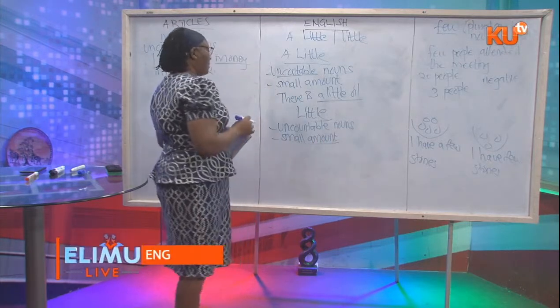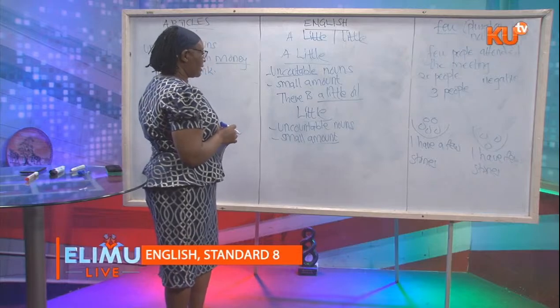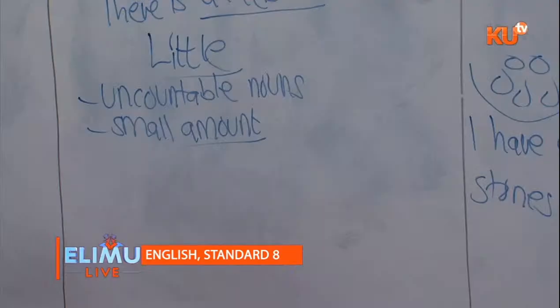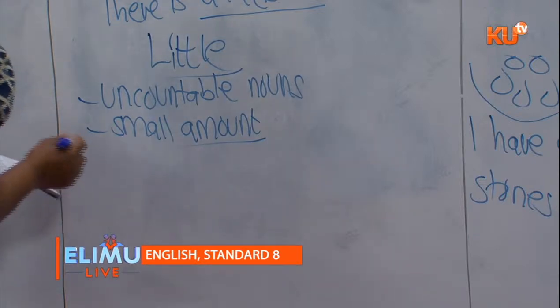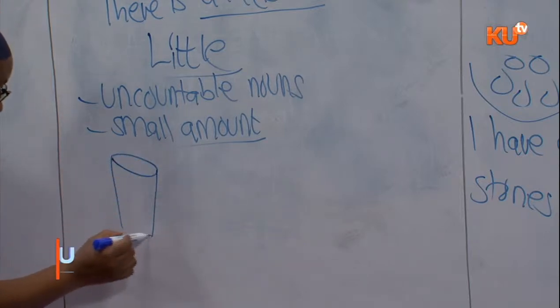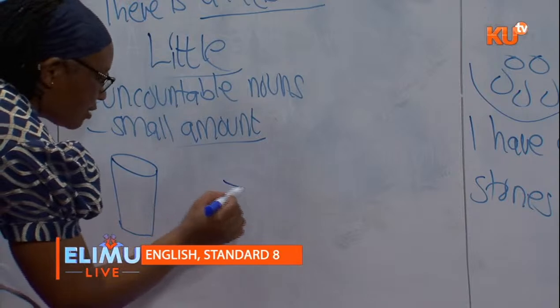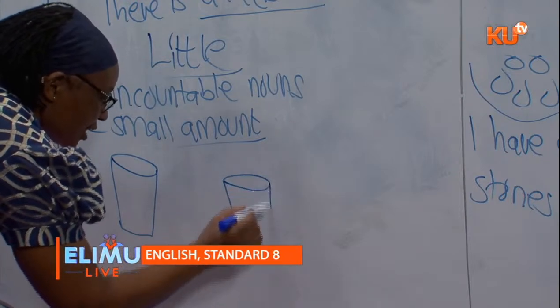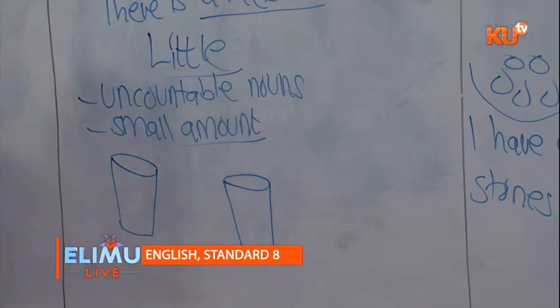A small amount, but just like the word few, the amount is lesser than a little. So, for example, we have a glass, maybe of water or oil. We have 2 glasses. I'm assuming the glasses are of the same size.